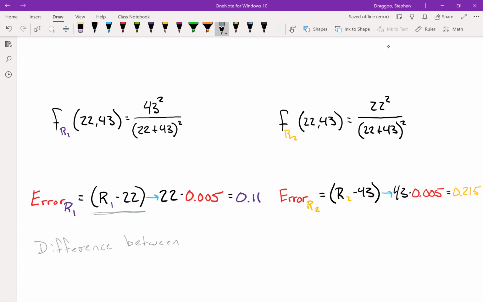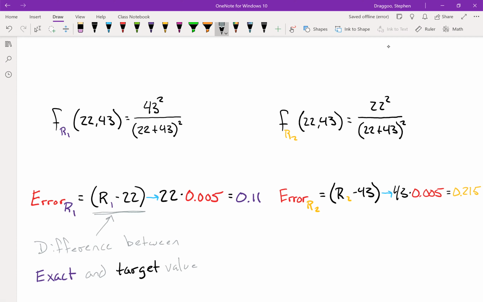So the difference between the exact value, which is R1, we're doing this in gray, the difference between the exact and the target value. And that is that piece right there.